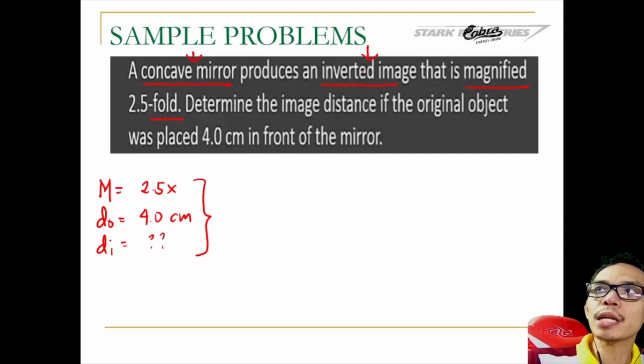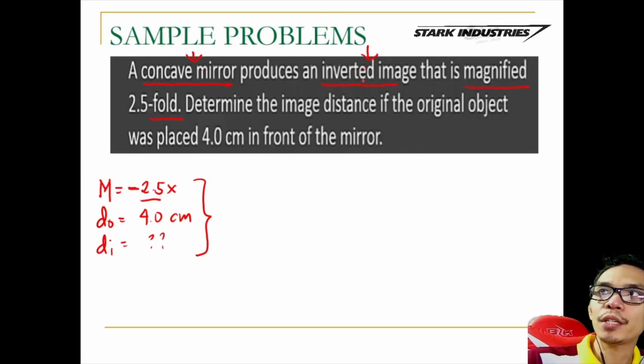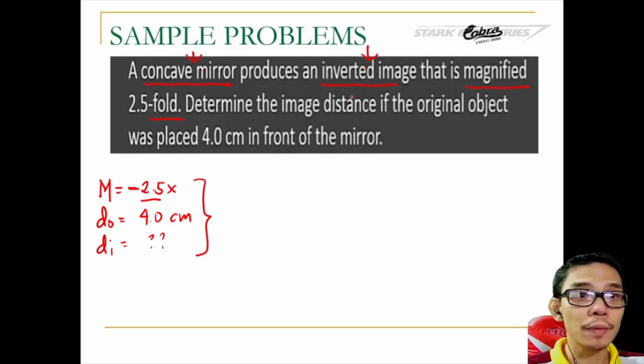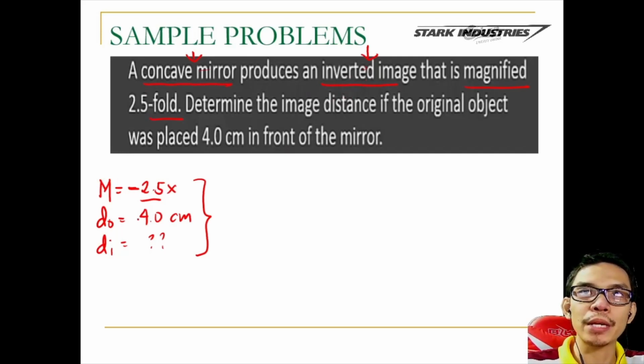Since that is an inverted image, this 2.5 should be negative. Remember, an inverted image will produce a negative magnification. So how about the distance of the object? We don't have any problem with this because it is always positive.